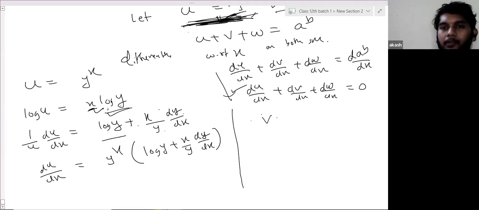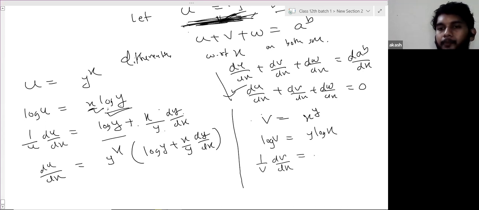And v as x raised to the power y. So taking log again, log v equals to y log x. 1 upon v dv by dx equals to differentiation of y, which is dy by dx, log x plus y by x.